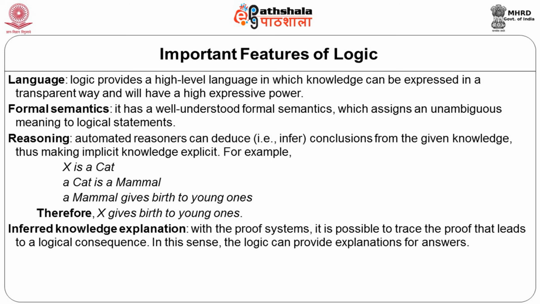It was implicit, because from those three facts you as a human being can process it, but the system can equally process it, because we apply some logic. We use that logic language to express those three facts, so that the system can automatically reason and tell you that X gives birth to young ones, and that is the power of this semantic system.